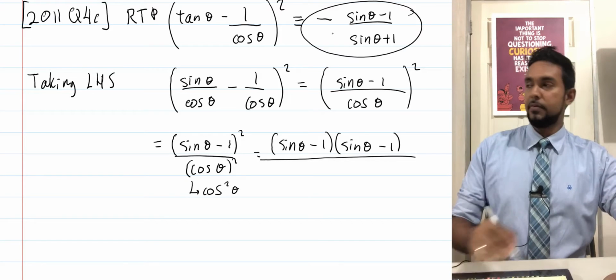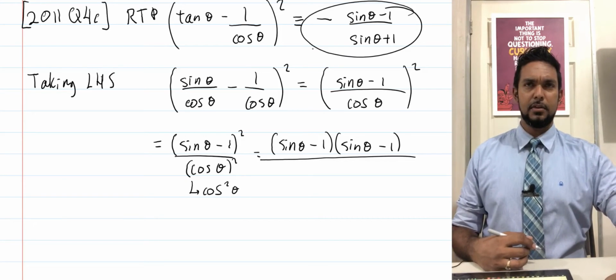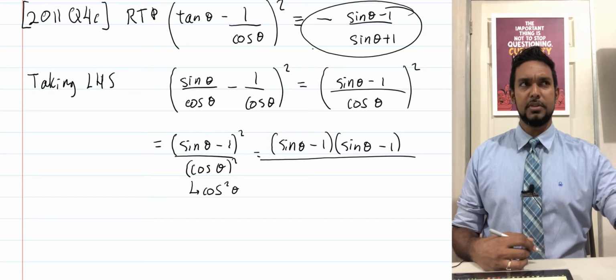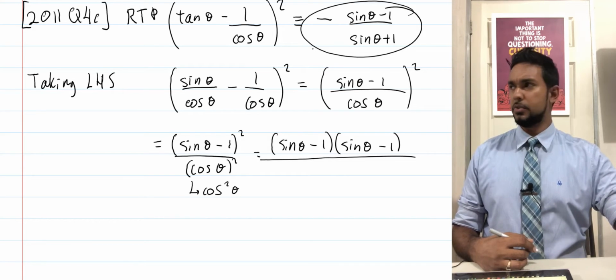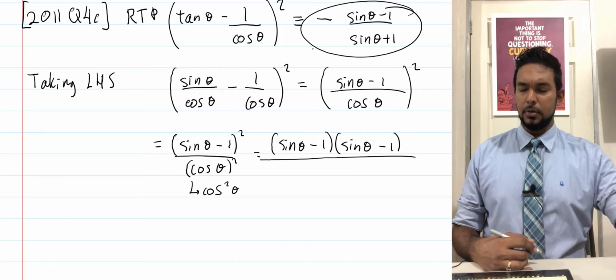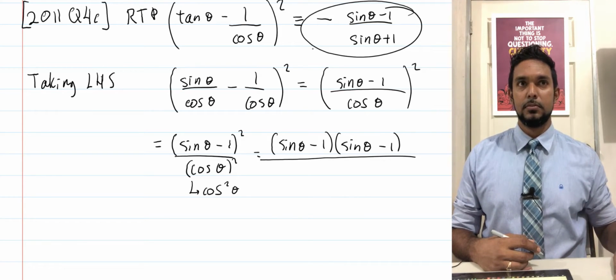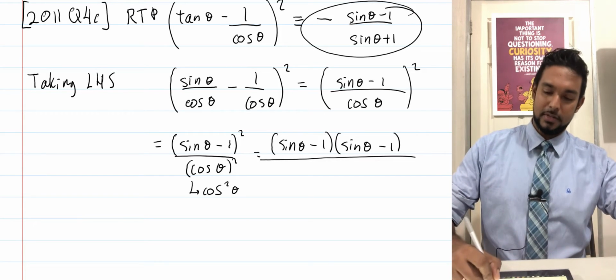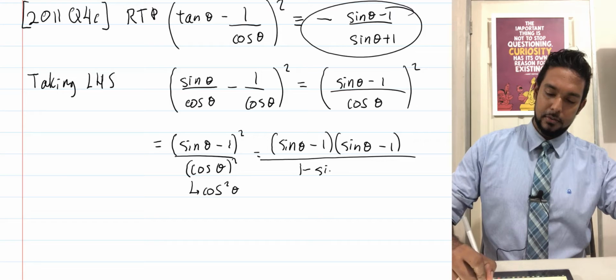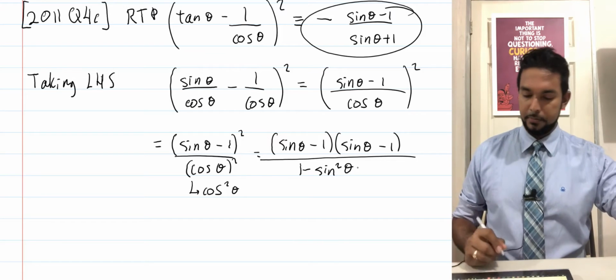Now, in the final result, is there any ratio, any trig function besides sine? So there's no cos, no tan, right? There's only sine. So can we convert cos squared to sine squared somehow? How do we do that? 1 minus sine squared, right? Alright, so 1 minus sine squared theta.